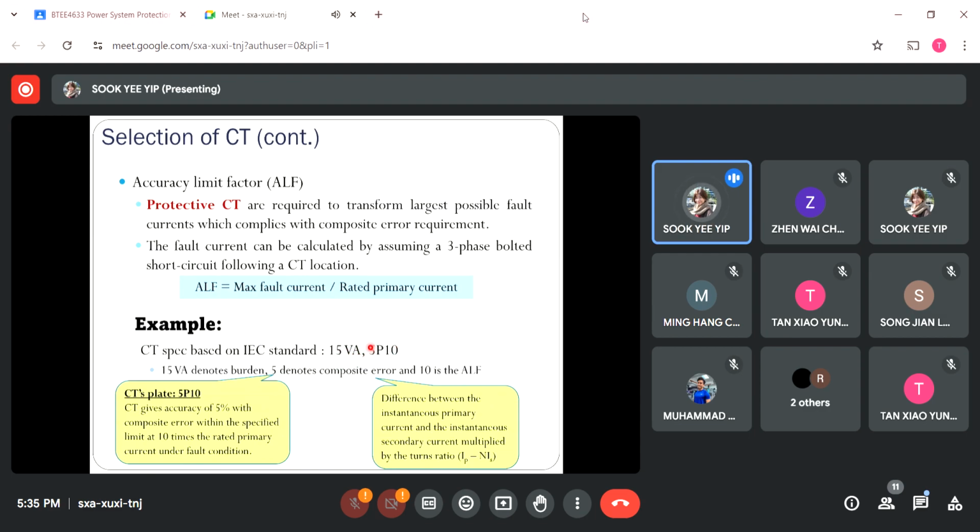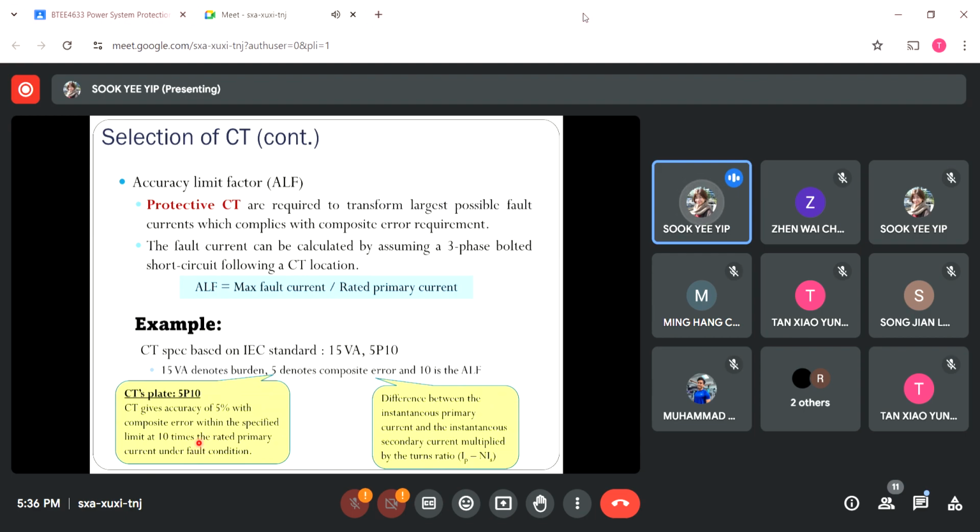Okay, 5P10. All right, so what is actually 5 here? 5 indicates the accuracy in terms of percentage. So it will give us 5% accuracy if it is able to comply with the composite error that is specified at 10, which is 10 times the rated primary current under fault conditions.